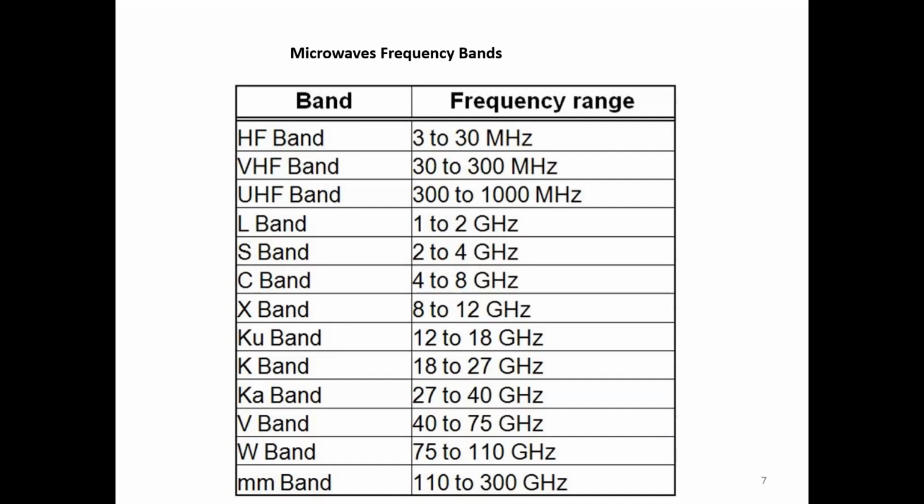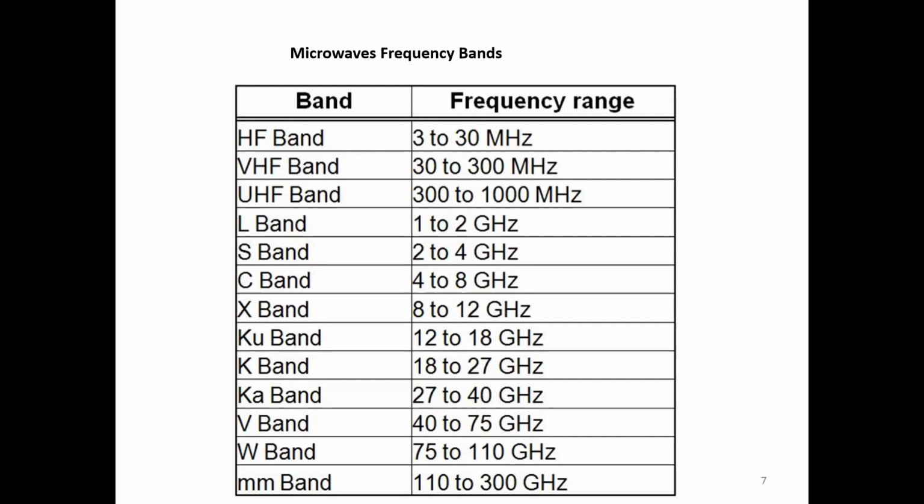Q band 12 to 18 gigahertz, K band 18 to 27 gigahertz, K band 27 to 40 gigahertz. V band 40 to 75 gigahertz, W band 75 to 110 gigahertz. Millimeter band 110 to 300 gigahertz. These are the frequency ranges.